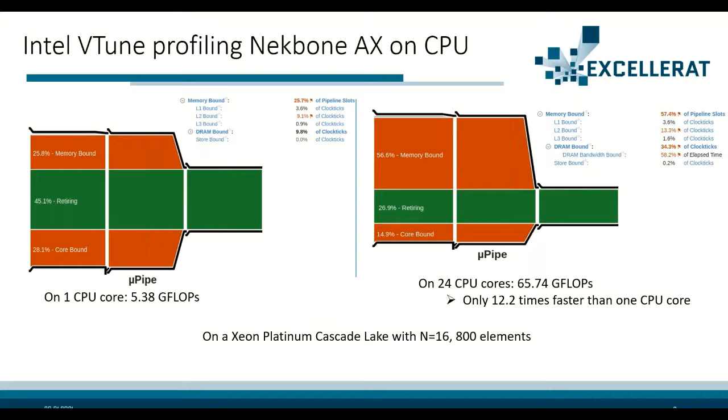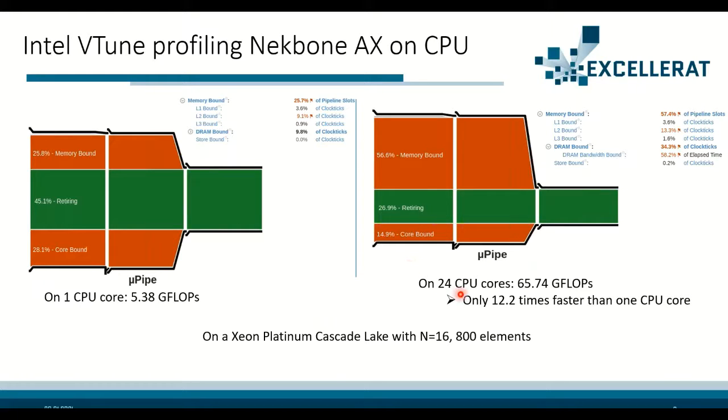On the left is just the profiling from Intel VTune on one single core. It's giving me about 5 gigaflops, slightly more, but you can see only half my cycles, slightly less, are green. So I'm throwing away more than half of the CPU power on it stalling for memory and other things. And the view gets even worse as we scale up to run on all the CPU cores.